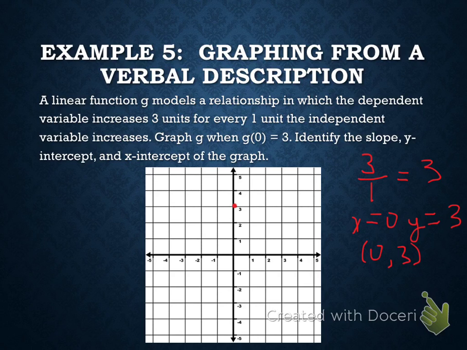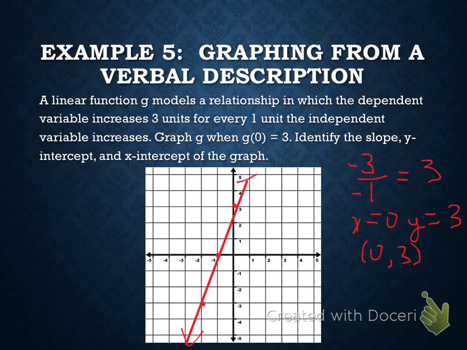How am I going to do that? Well, this could also be written as negative 3 over negative 1, couldn't it? Because that would still give you 3. So we're going to do negative 3 and then negative 1. So we're going to put the point right there, (-1, -3), and then we will graph that equation.